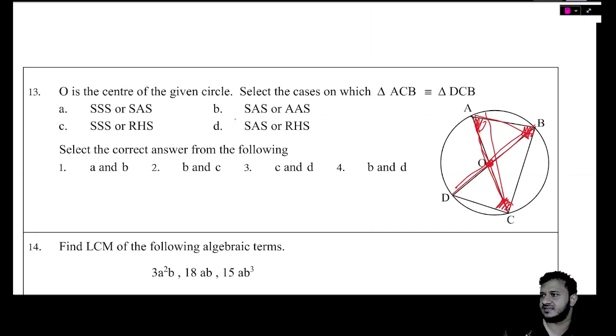RHS and AAS. RHS works, AAS works. Also, what else can we use? If you want, you can use RHS and AAS. SSS is not really straight up, you have to use Pythagoras theorem. So the only two things that can be at least considered are RHS and AAS.